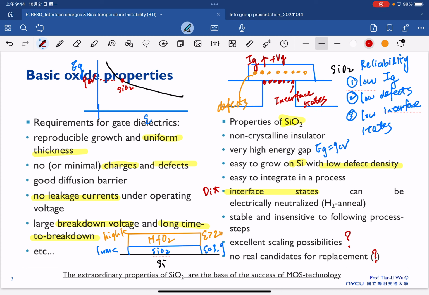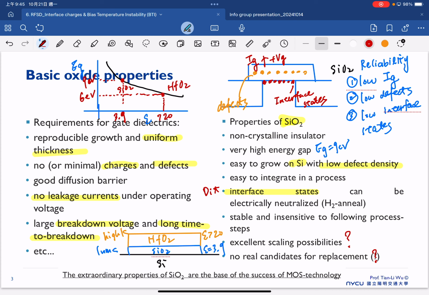But the problem for silicon dioxide is a very low dielectric constant. Now, if we use a high-K material, for example hafnium dioxide, we have more than 20 dielectric constant. But the issue for hafnium dioxide is that once we have a large dielectric constant, we always have a lower band gap. So that's a general issue.